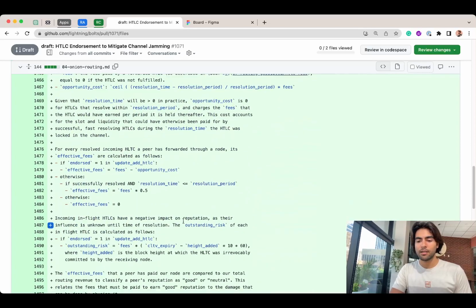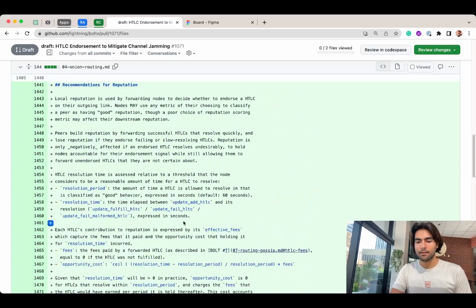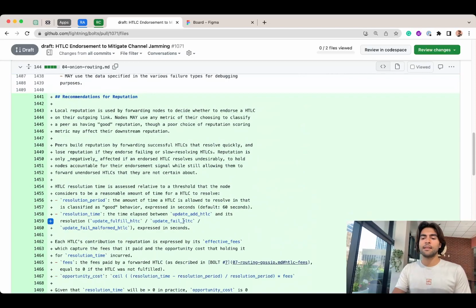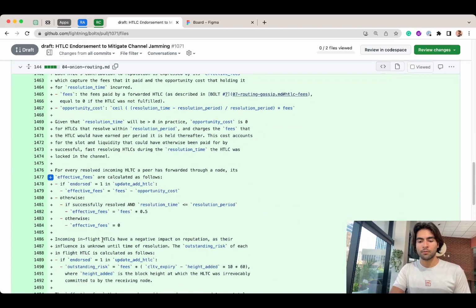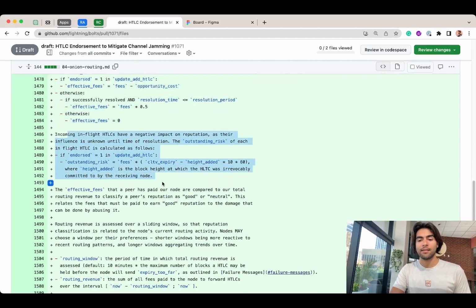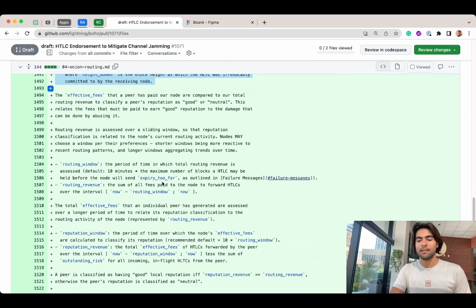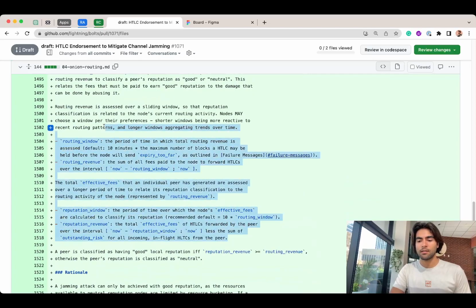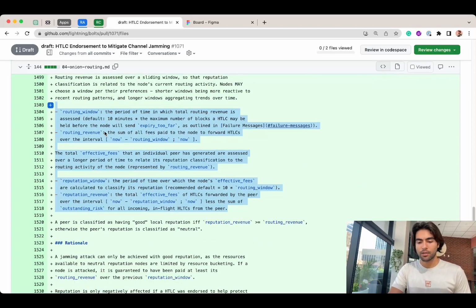So these are the three parts that create the recommended reputation system. The first part was how to update the reputation for each peer. The second part was handling in-flight HTLCs, and the third part was introducing the rolling windows and how to adapt to the changes in the network.